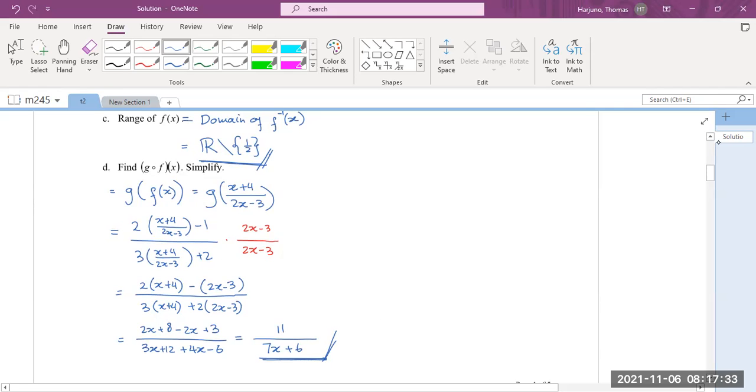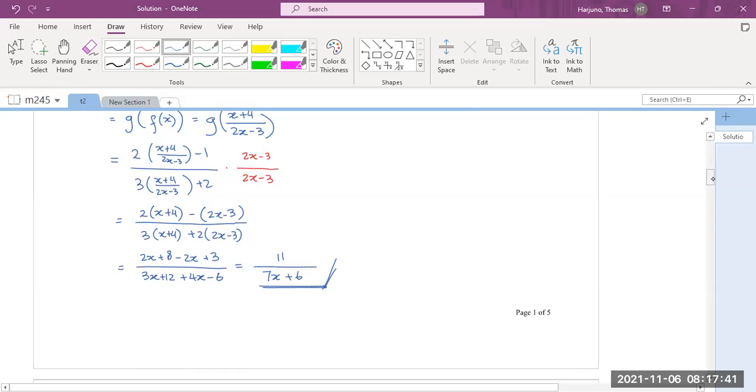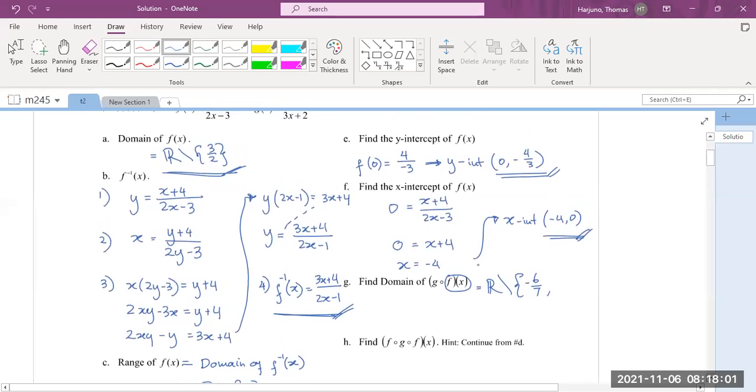The denominator equals 0 when x is -6 over 7. But we still have one more thing we need to exclude. We need to exclude the number we excluded from F. The number we excluded from F was 3/2.